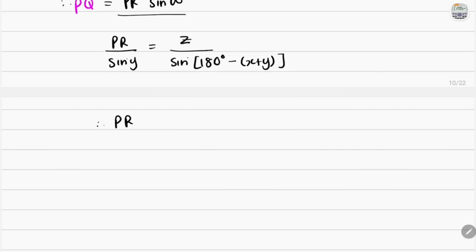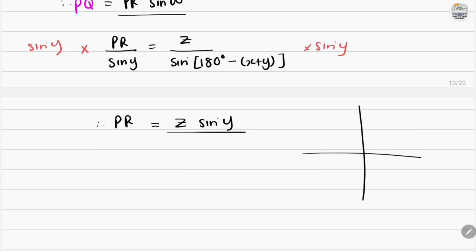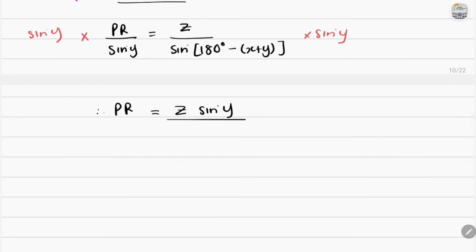We have PR, and then to get PR on its own, you need to get rid of this sine y. You can multiply both hand sides by sine y. So now it's in the numerator, and we have this is equal to z sine y over, and in the denominator, if you use sine's reduction, because this is 180 degrees minus a single angle, this just becomes positive sine of that angle since it is in sine's quadrant.